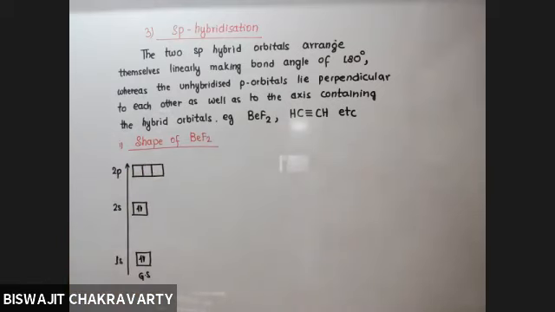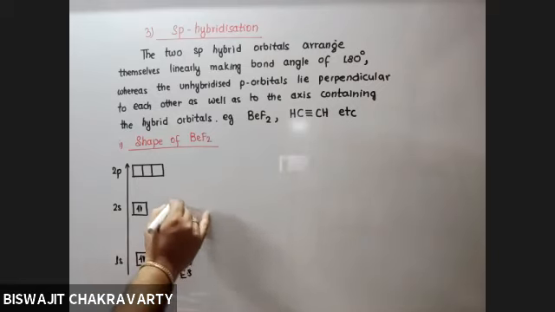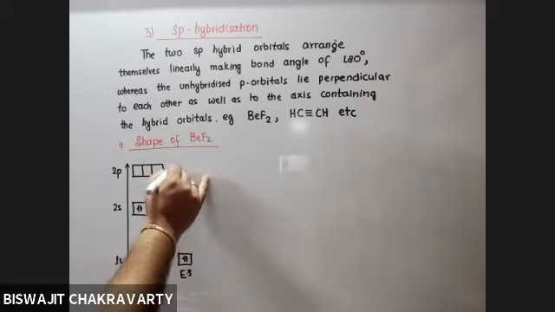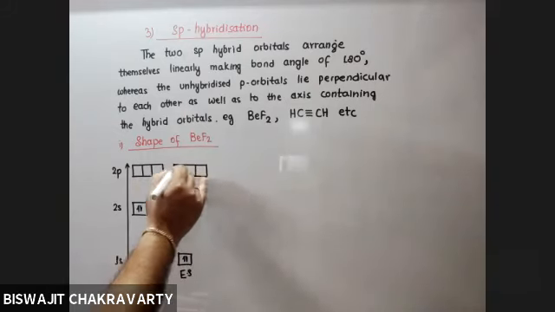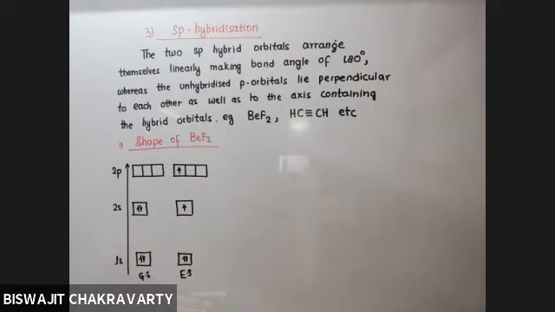But of course, the ground state configuration does not tell us anything about its bonding capacity, because there is no unpaired electron. But according to the formula, beryllium shows a valency of 2. So therefore, we need to take the help of the excited state, where one of the electrons will be excited to 2p from 2s.